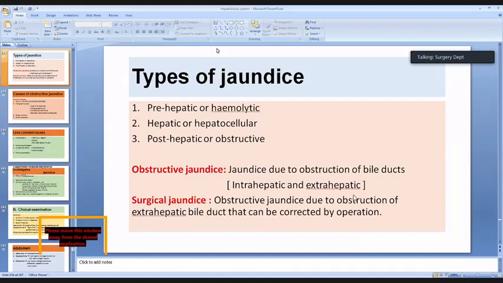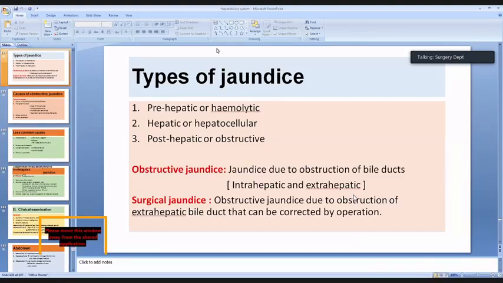of bilirubin. The bilirubin may be conjugated or unconjugated. So in hemolytic jaundice, there is excess load of unconjugated bilirubin. So bilirubin is usually unconjugated. In hepatocellular jaundice, there will be a mixed pattern, some conjugated and some unconjugated.